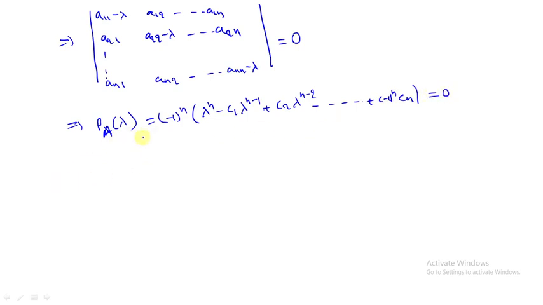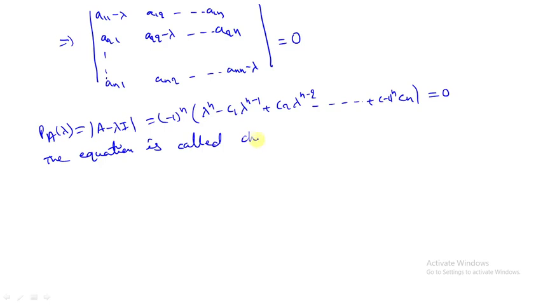This is the equation, the same as writing P_A of lambda. This equation is called the characteristic equation of the matrix A.